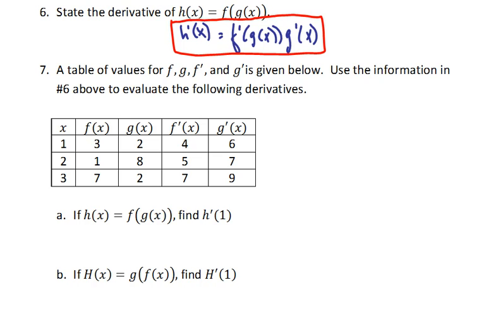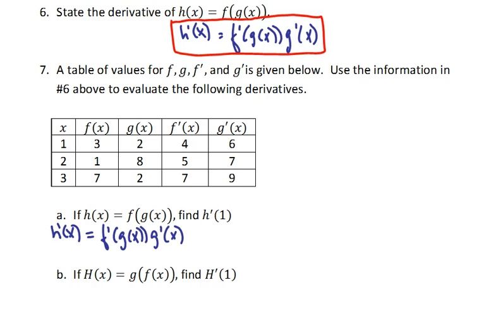In problem 7 you have some tables of f values, g values, f prime values, and g prime values, where the x values are over on the left hand column. And we're looking to find h prime. What's h prime of 1 if h of x is f of g of x? And that's exactly the formula that we have above.